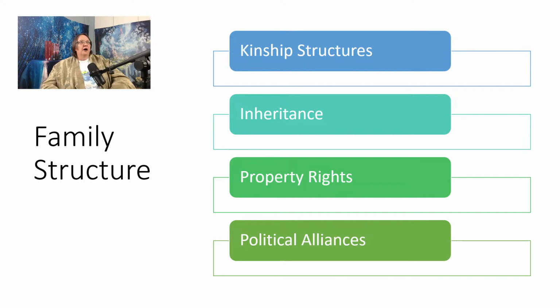You can have polyamorous families, say two men and a woman, or one man and multiple women, and so on. This will be driven by your society, the environment your society has found itself in, the cultural norms that have evolved, and the other societies that they have encountered over the years.